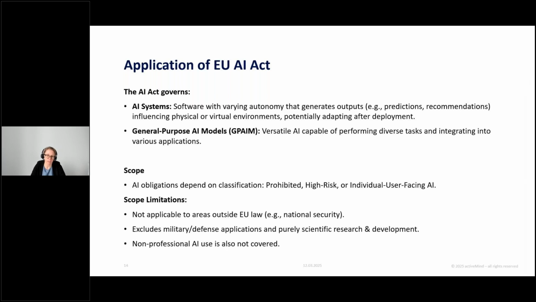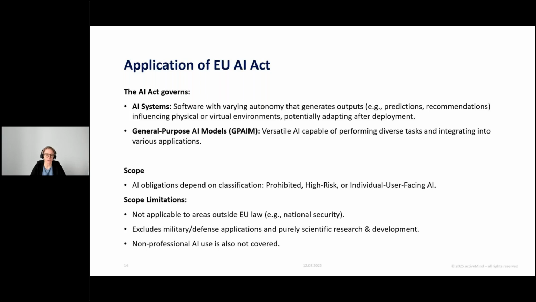Here we have horizontal legislation, and the EU AI Act is a special law which obviously exists next to other laws like the EU General Data Protection Regulation, competition laws, etc. So the EU AI Act governs 2 issues. First, AI systems. These are software with varying autonomy that generates outputs, for example, predictions, recommendations, and which influence physical or virtual environments, potentially adapting after deployment.